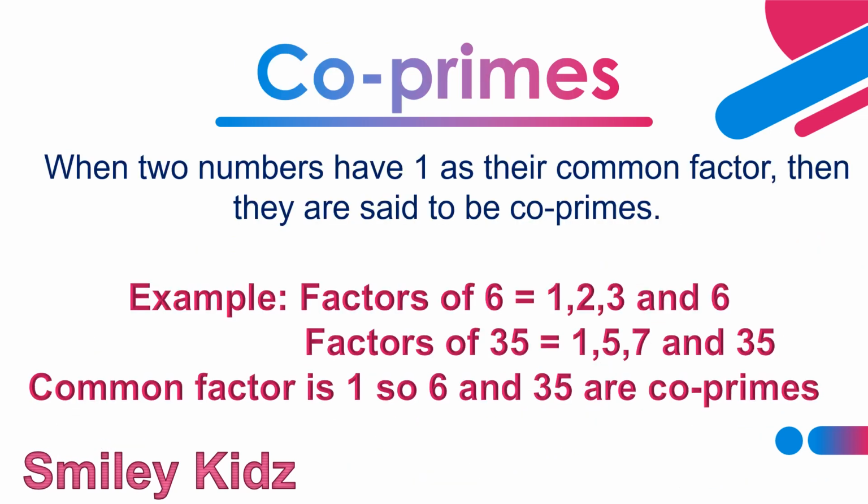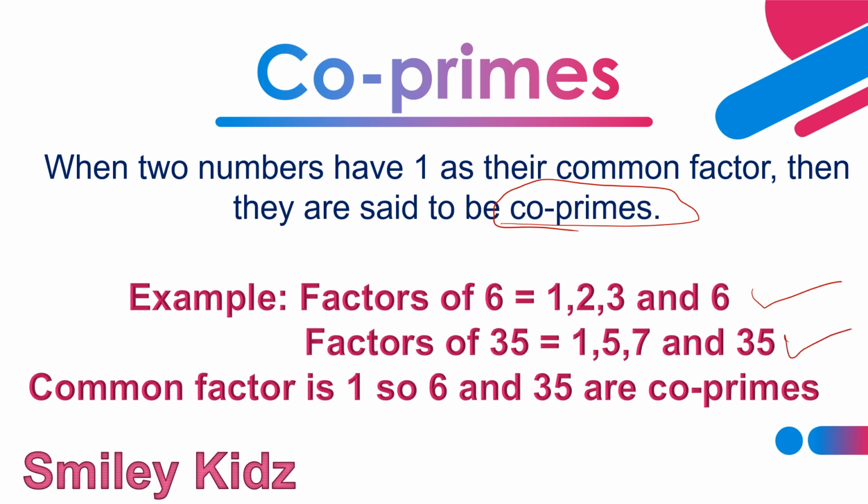Co-primes. When two numbers have 1 as their common factor, then they are said to be co-primes. Example, let's take 6 and 35. Factors of 6 are 1, 2, 3 and 6. Factors of 35 are 1, 5, 7 and 35.